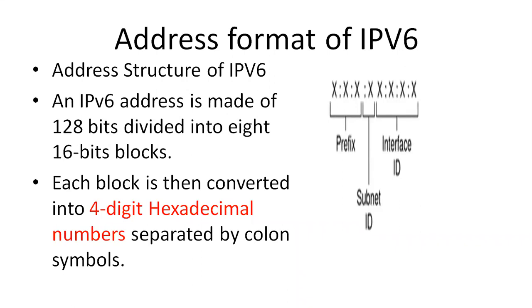What is the range of a hexadecimal number? Can you tell me? The range of a hexadecimal number is 0 to F, 0 to 9, and after that A, B, C, D, E, F. Up to F, you will use different numbers separated by the colon. That means for each and every one, you are using a colon.